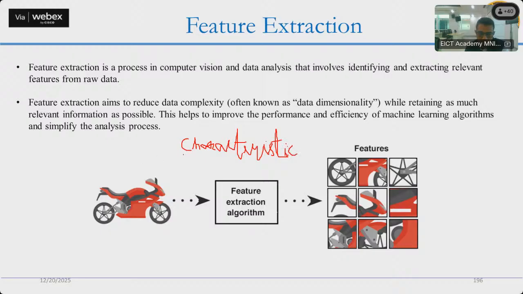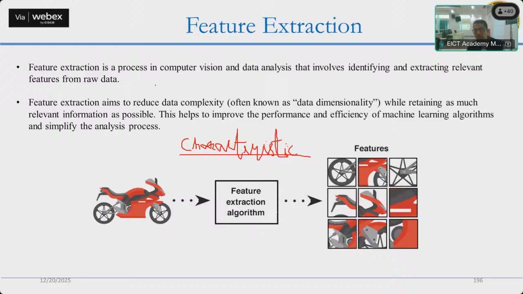So how do you extract that characteristic? Again, it depends upon the context, and that is the beauty that we will see.